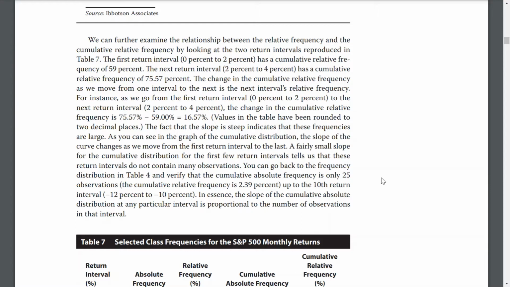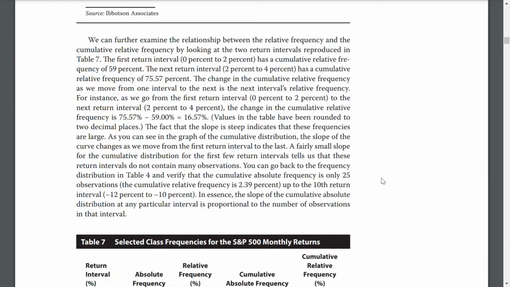The fact that the slope is steep indicates that these frequencies are large. As you can see in the graph of the cumulative distribution, the slope of the curve changes as we move from the first return interval to the last. A fairly small slope for the cumulative distribution for the first few return intervals tells us that these return intervals do not contain many observations.